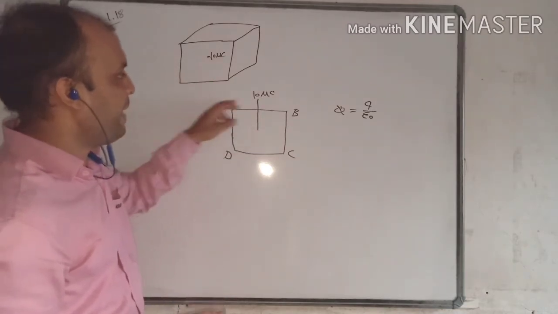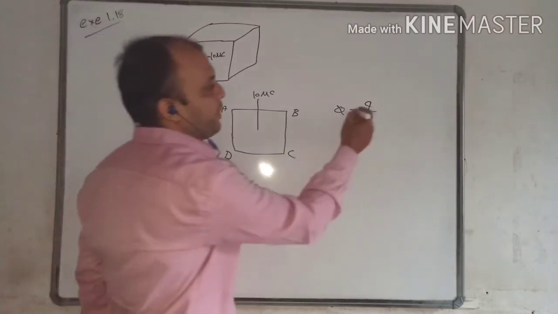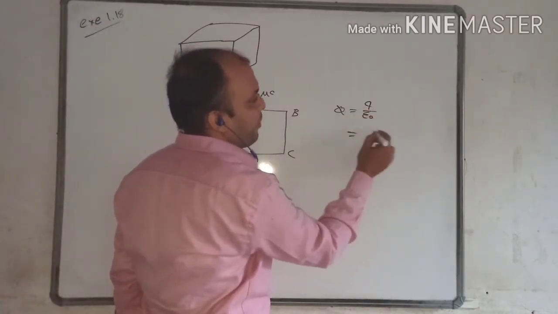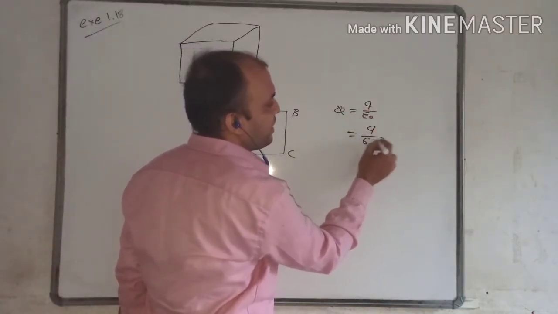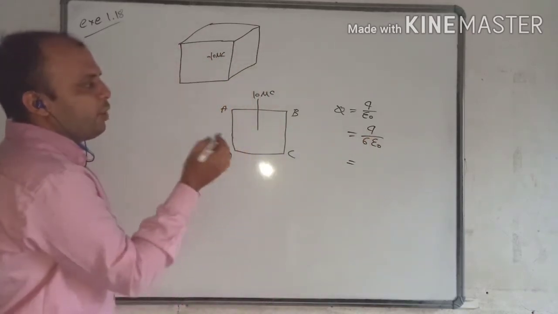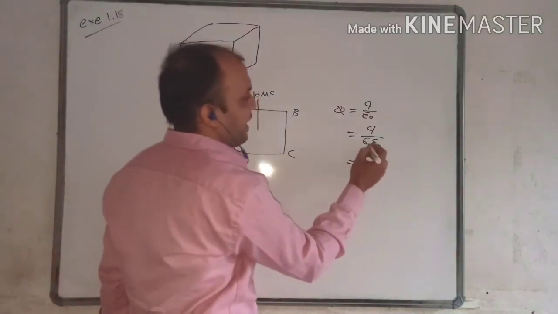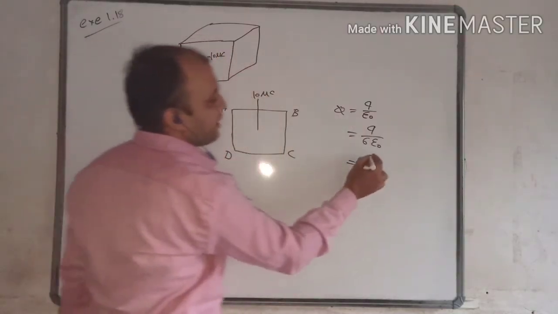So to find the flux through ABCD, we will divide this formula by 6, so q by 6 epsilon 0. This will give us the flux from ABCD.